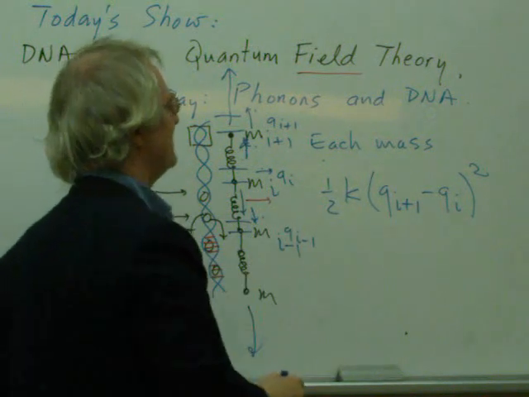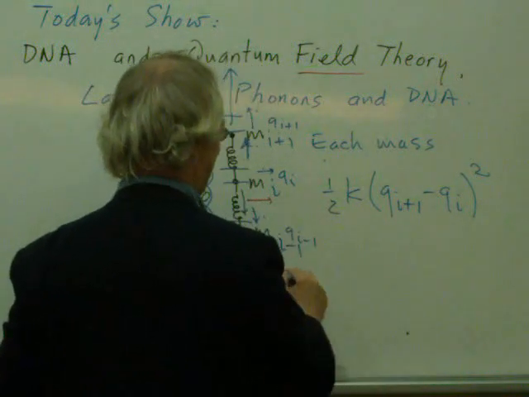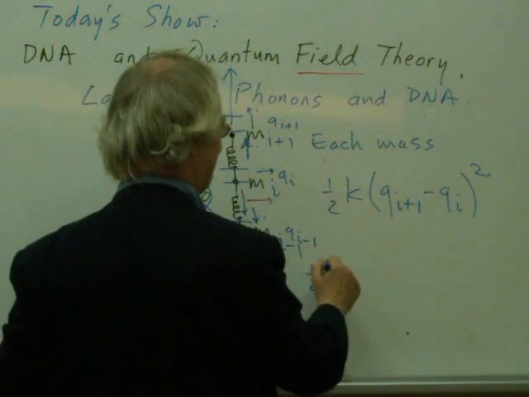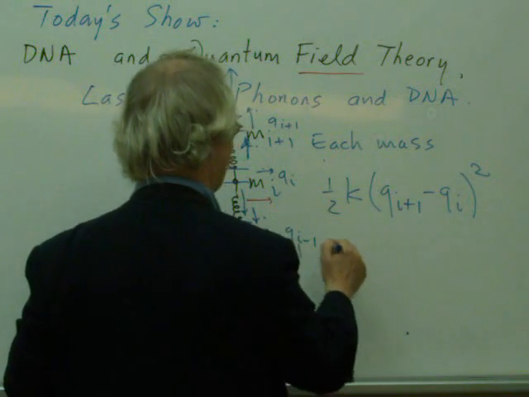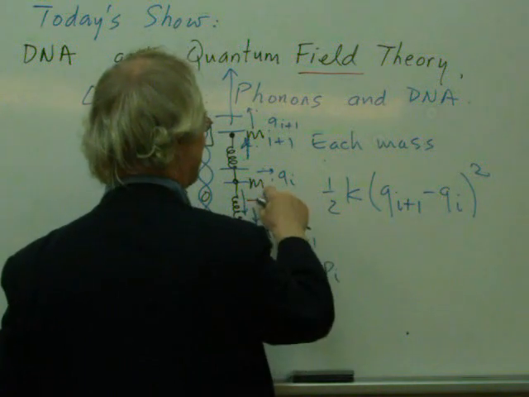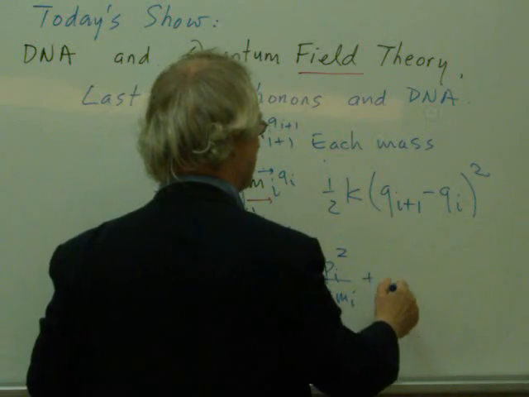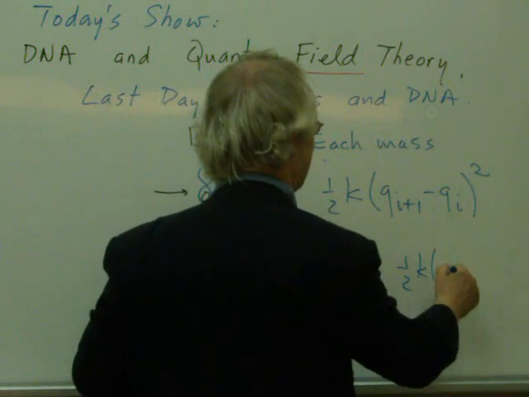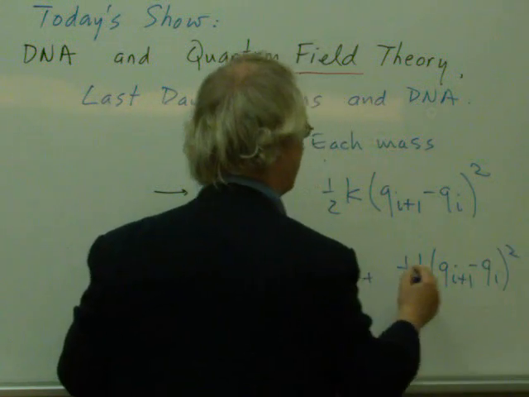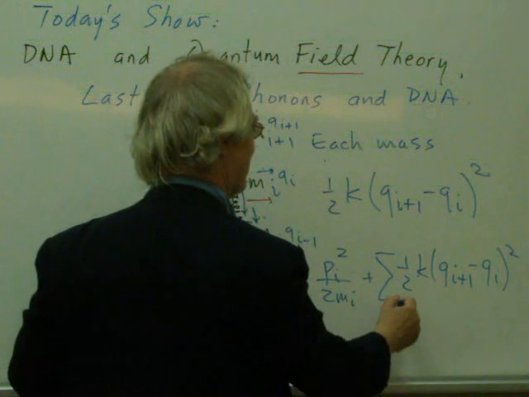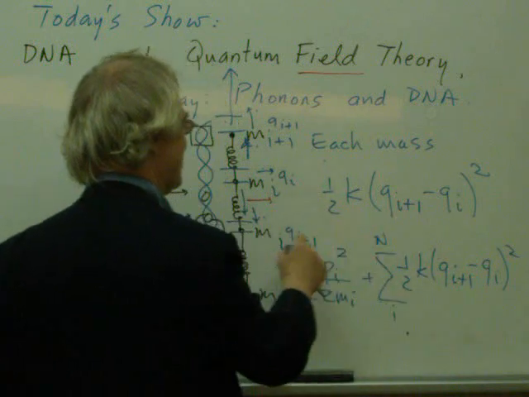See? Well, now I can add the kinetic and the potential energy. I can say 1/2 p sub i squared over 2 m sub i, plus 1/2 k times q i plus 1 minus q i, all squared, and now I sum over i from 1 to n, where n is the number of all the masses.